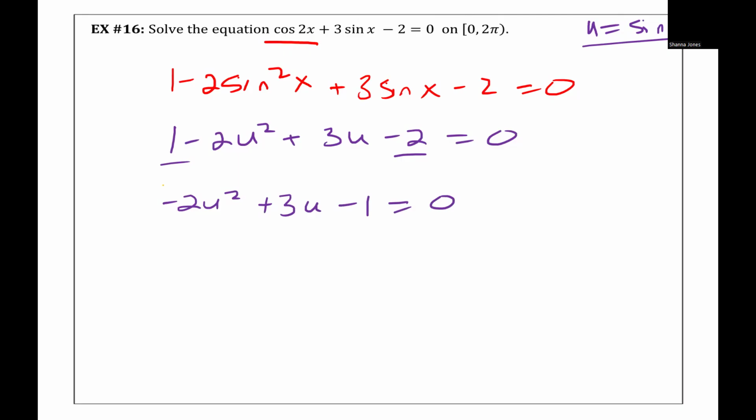Before I solve, I am going to multiply everything by -1 just so that my leading coefficient is not negative. By doing that, I'm left with 2u squared minus 3u plus 1 equals 0. If I'm going to use the box method or quadratic formula, I'm a factor girl.